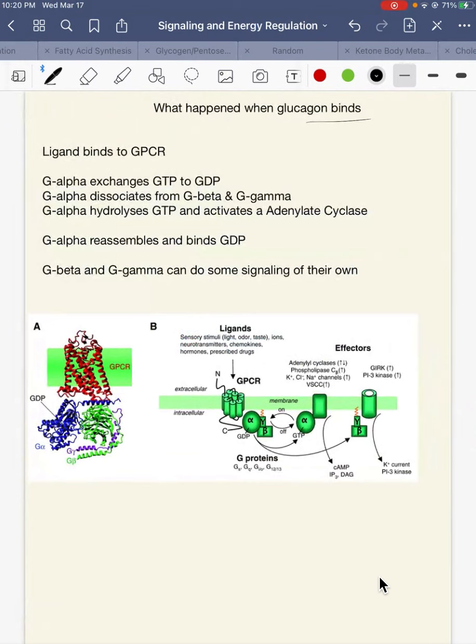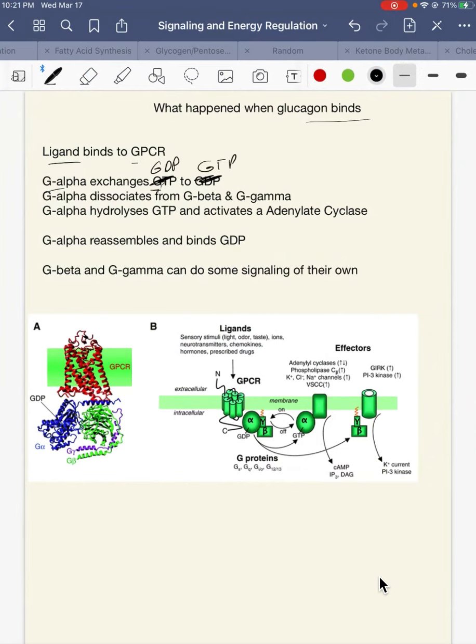So this will briefly talk about what I just mentioned. The ligand binds GPCR. G alpha first exchanges GDP for GTP.